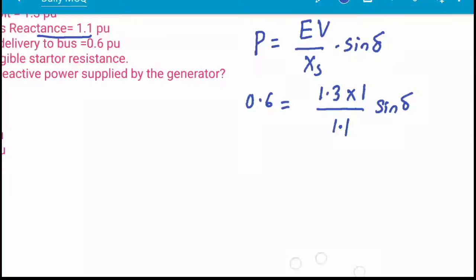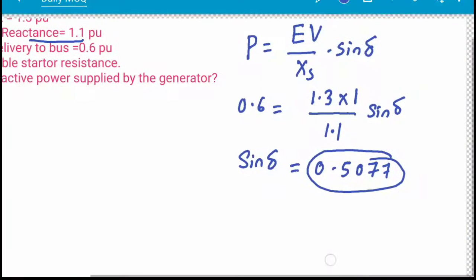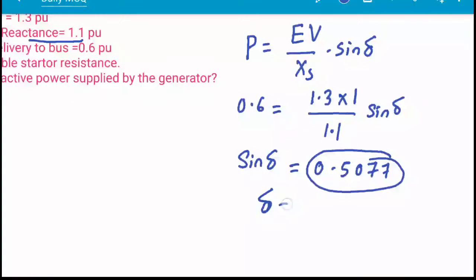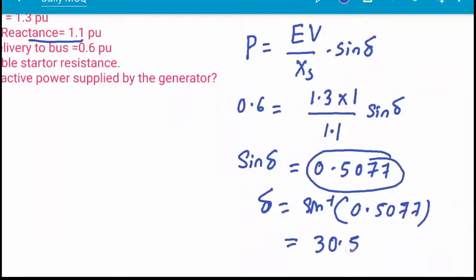So here we can find sine delta is equal to 0.5077, and delta will be sine inverse of 0.5077, which is around 30.51 degrees.